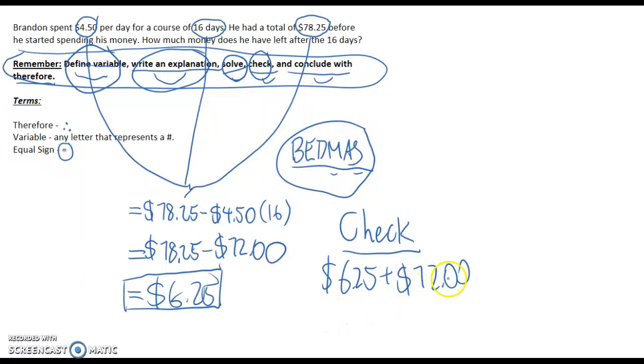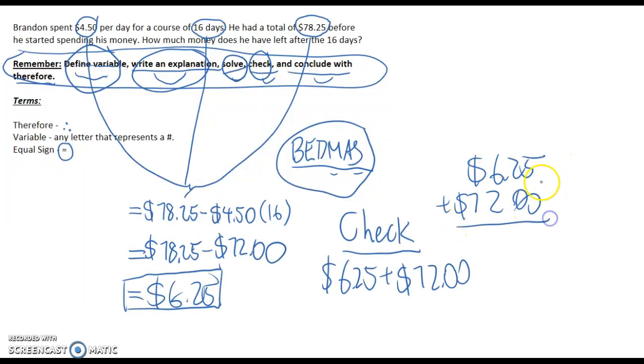So $6.25 plus $72. You add this, equals 5, 2, 6, whoops, not 6, it's 8, 7. You add these together, which is the same, so it's $78.25. Congratulations, it's correct.